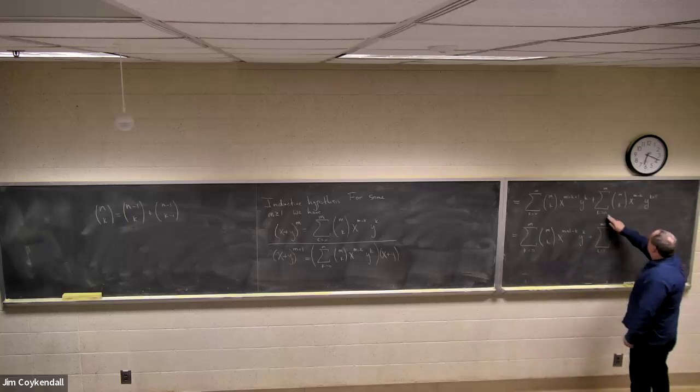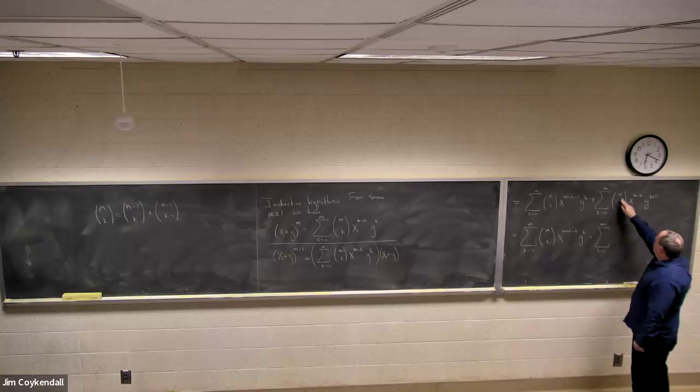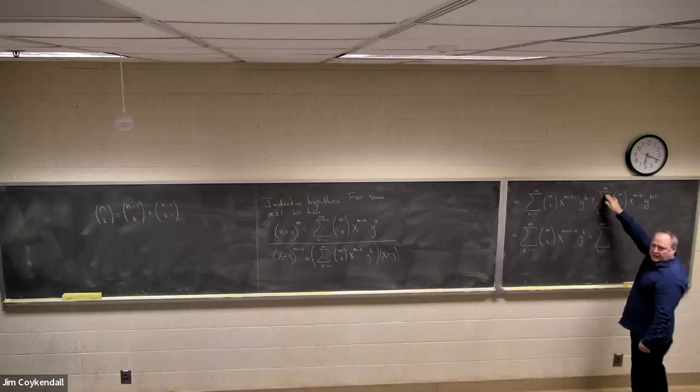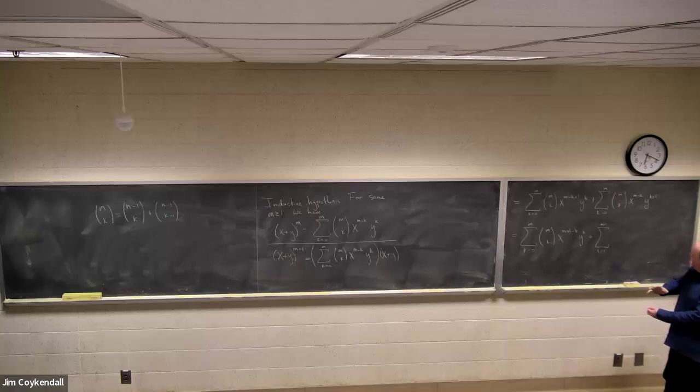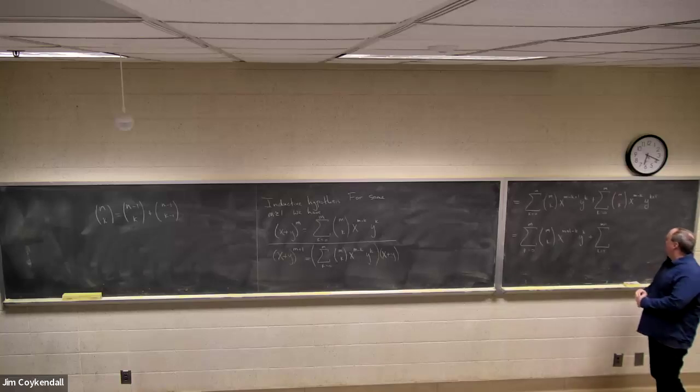So notice I need to have the same binomial coefficients. What I'm doing is I'm trying to rewrite this sum exactly again, but I want to re-index this. I want to start at one and end at n plus one instead of starting at zero and ending at n. That's the whole thing. I'm kind of adjusting this like an accordion to make it fit, right?